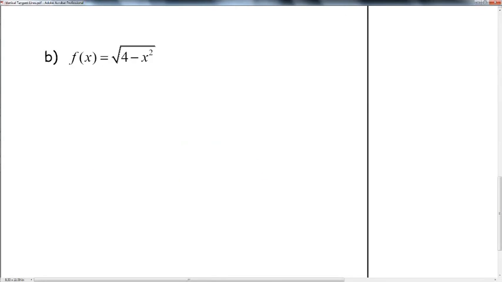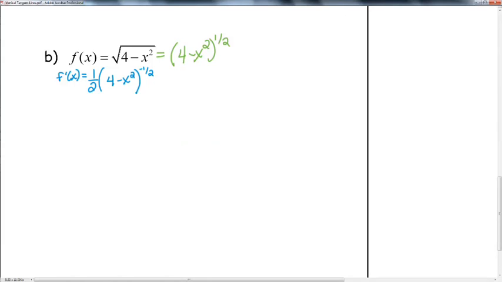Alright, part B, let's go ahead and change the form. This is going to be equal to parentheses 4 minus x squared to the 1/2. And we're going to take our derivative. So f prime of x is equal to, again, this is going to be chain rule, so the derivative of my shell is 1/2 to the negative 1/2. And then my chocolate still stays the same, 4 minus x squared.